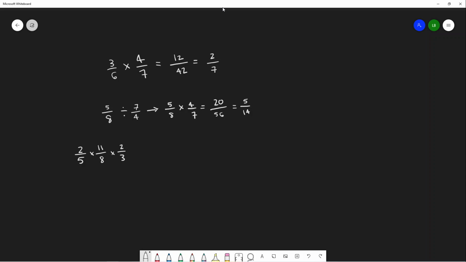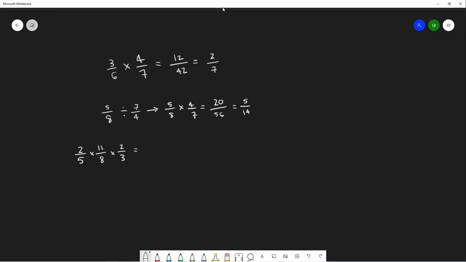So we did multiplication of two fractions and division of two fractions. Now the third example is a multiplication of three fractions. We follow the same rule, except we multiply all three numerators together, and multiply all three denominators together to get the denominator of the new fraction.